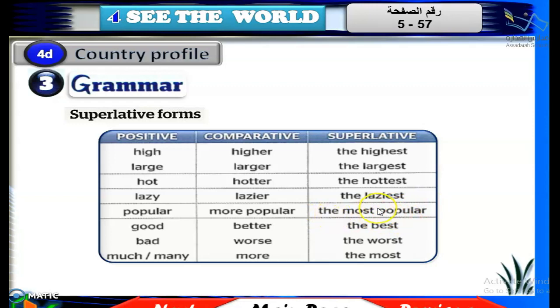So, the most popular, the plus most plus adjective. For the irregular adjectives, good becomes the best, bad, the worst, much or many, the most.